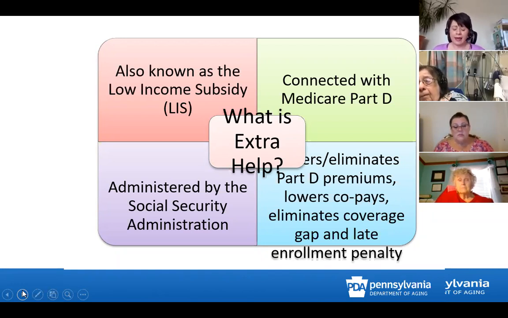I will say this application is pretty simple to complete, whether you do it online or paper or we're assisting you with it, because there's no verification information that you need to attach to the actual application. It's just submitted, and if Social Security needs anything additionally later on, they can ask the Medicare beneficiary for that information.